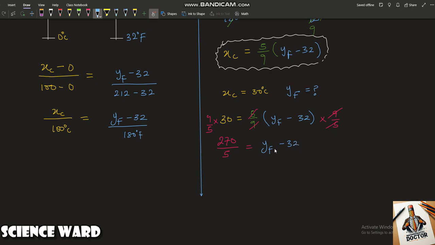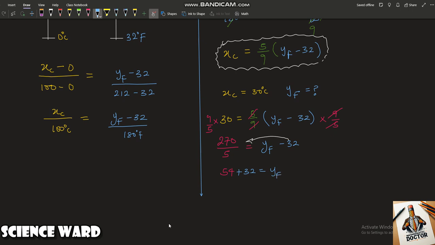Don't forget, I'm looking for YF, so I'm going to have to take 32 outside of the bracket. 270 divided by 5 is going to be 54, and the 32 coming in that direction produces plus 32 equals YF.